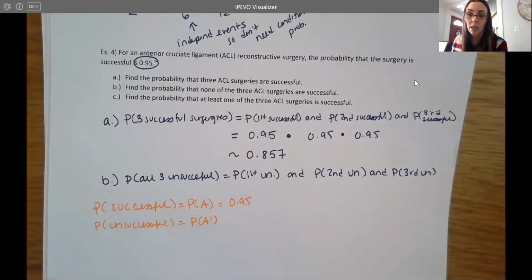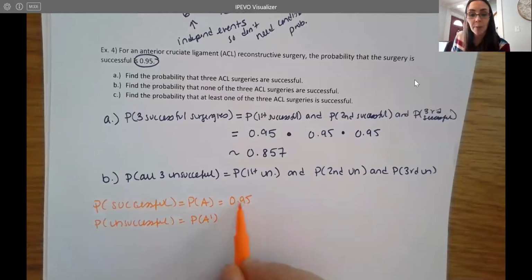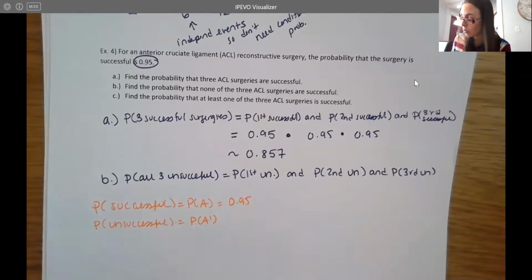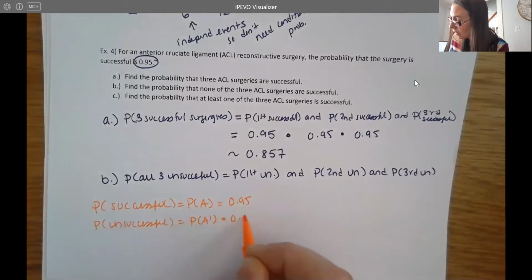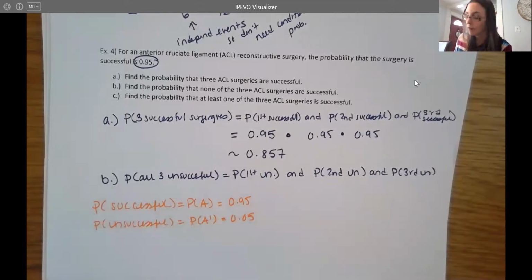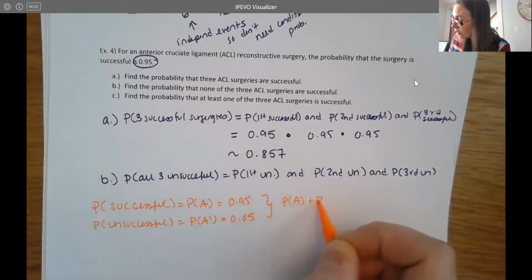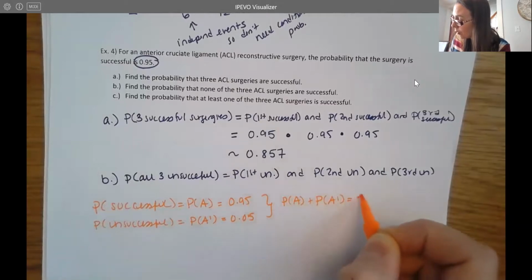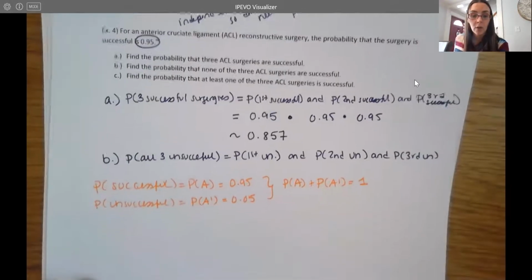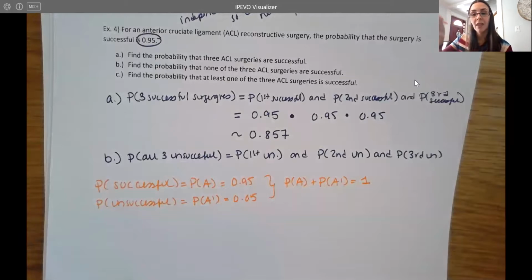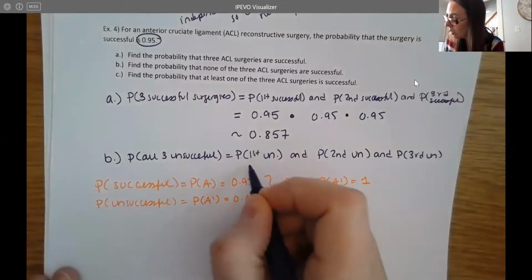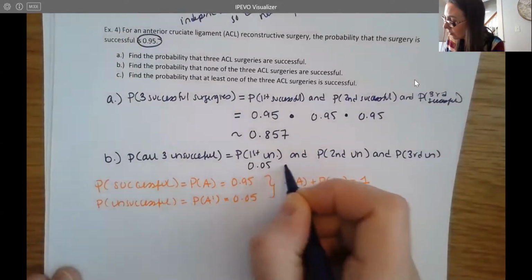There's nothing in between. So if there is a 95% chance it's successful, then there must be a 5% chance it's not successful. So we can use the complement here to get the other half. And remember that your event and your complement, when we take the probabilities, always add up to 1. So if you know one part, you can find the not version of it. So the probability of something being unsuccessful, even though it's not given, we do know it. It's 0.05.